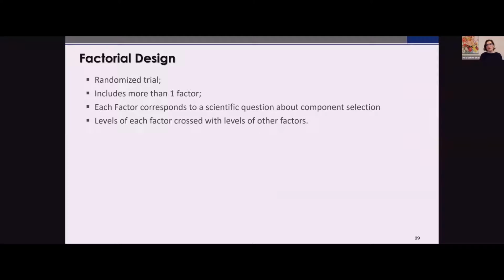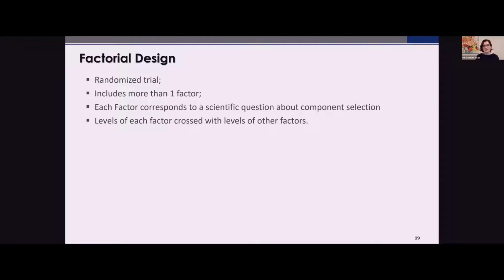When you use factorial designs to develop interventions, each factor that you consider would correspond to a scientific question that you have about the selection of intervention components. Each factor would typically have 2 levels, and the levels of each factor would be crossed with the levels of the other factors to form a design with multiple experimental conditions.